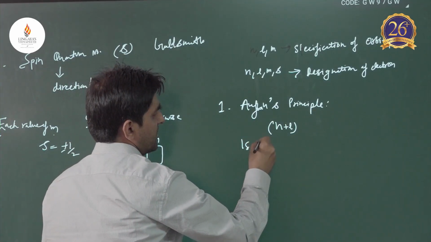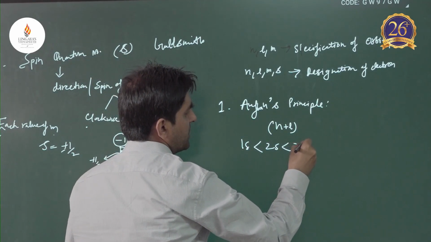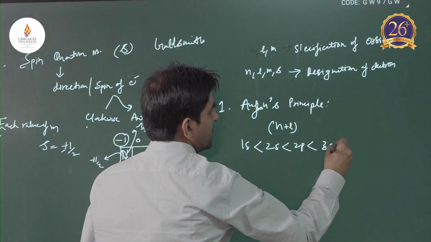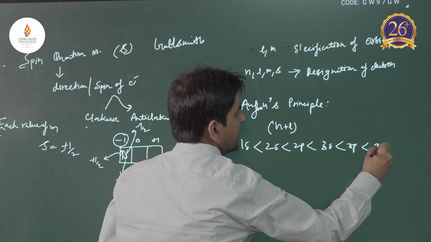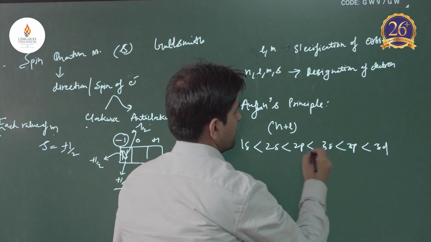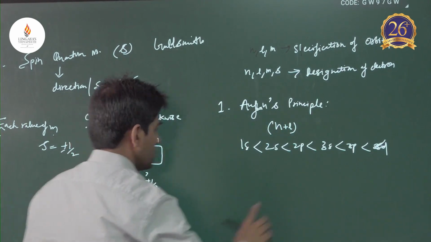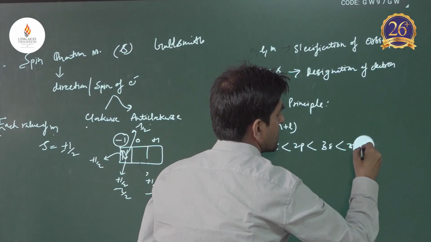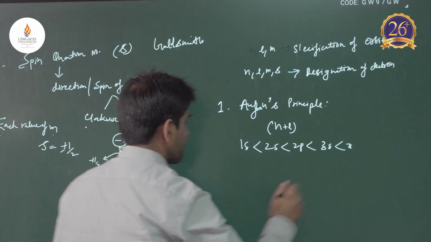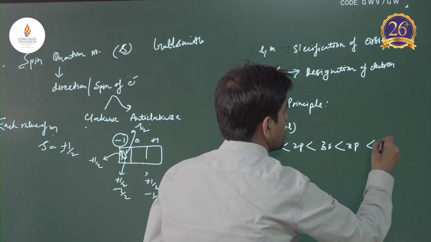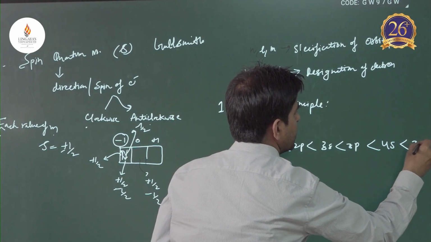So 1s, then 2s, then 2p, then 3s, then 3p, then 4s, then 3d, and so on.